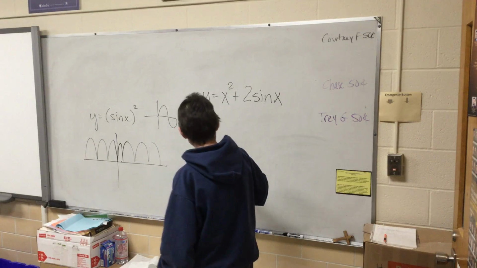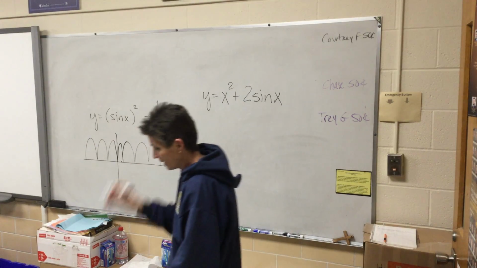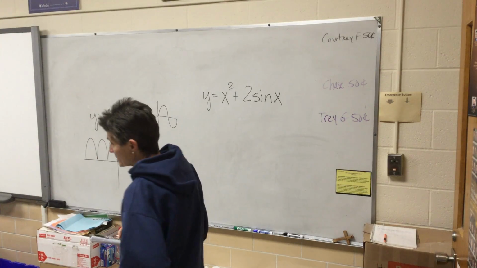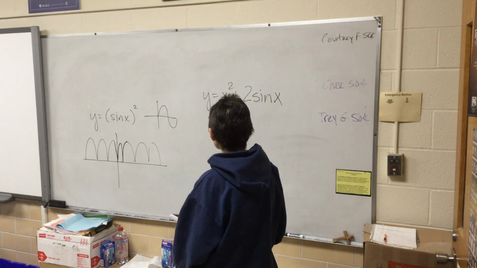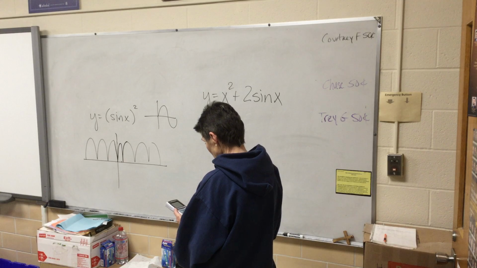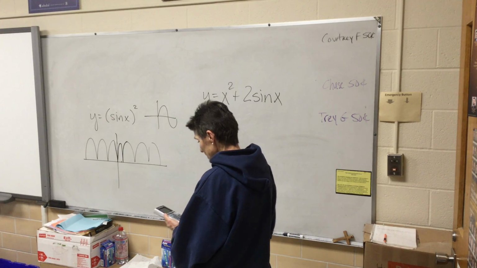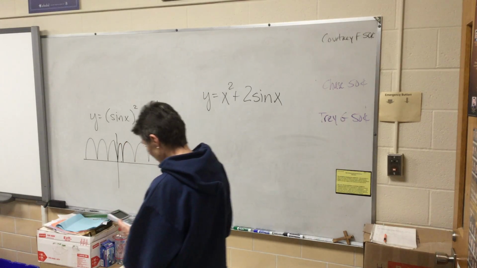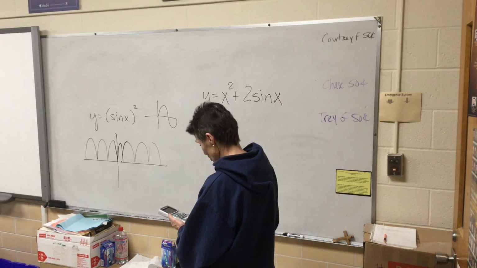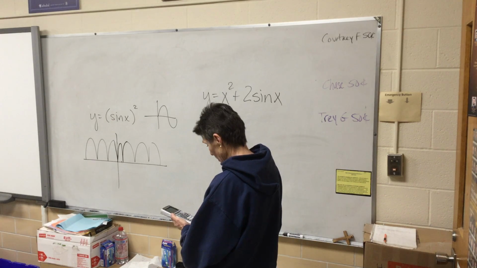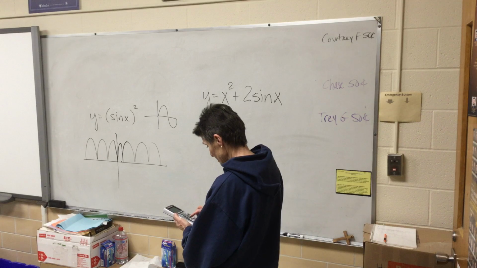Leave my x's alone, but let's change our y's, and I'm kind of winging it here. Let's change our y's to just negative 10 and 10 and see if that's big enough. Let's type in this equation, x squared, regular x squared, plus 2 sine x.